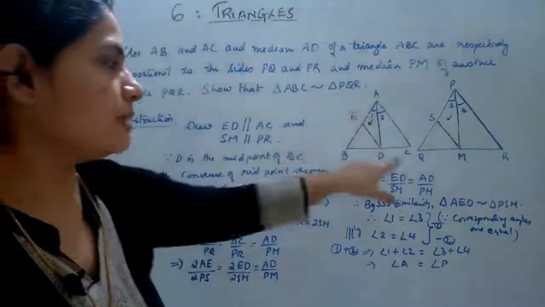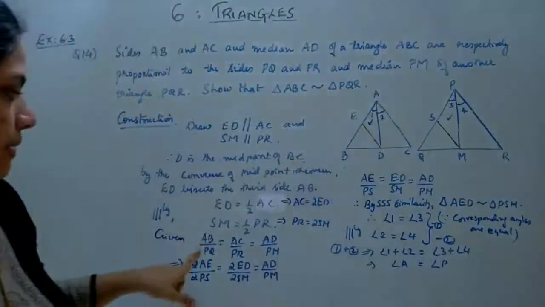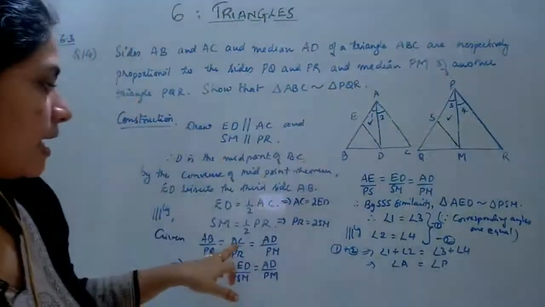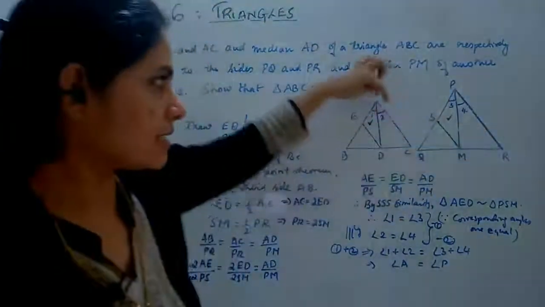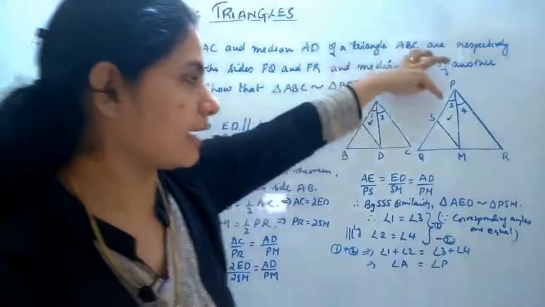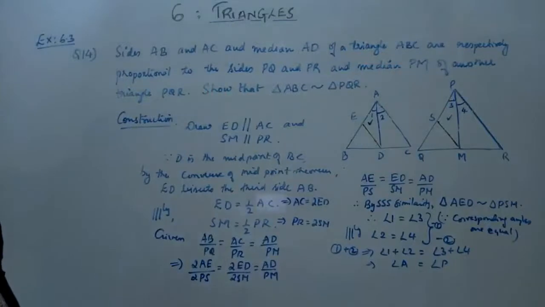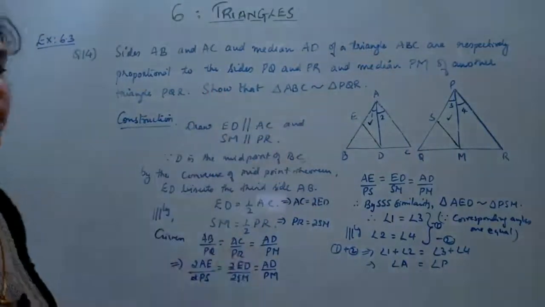In triangle ABC, you have AB by PQ, which is given, is equal to AC by PR, and the angle in between is angle A and angle P. That means from the SAS similarity criterion, the two triangles ABC and PQR are similar.